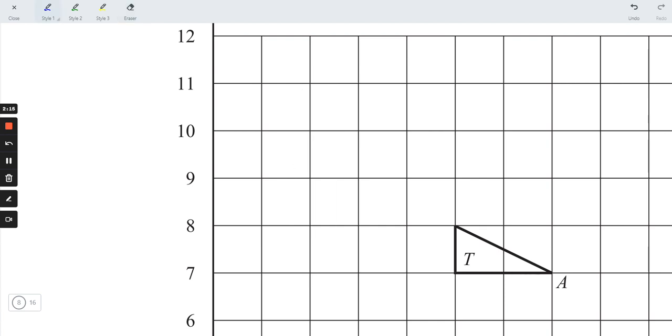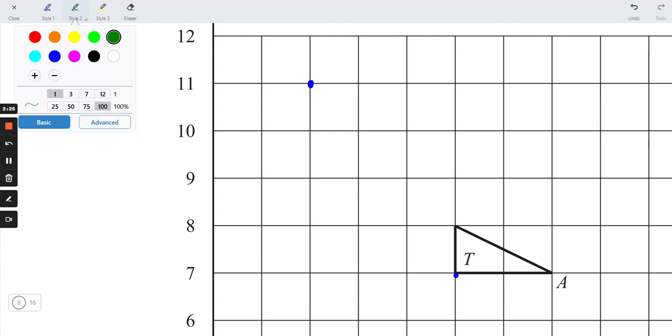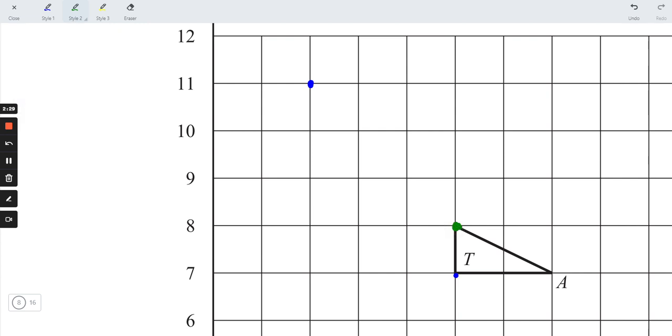Again, this vertex, the blue one, 1, 2, 3, 1, 2, 3, 4. It will be here. Now for another vertex here, 1, 2, 3, 1, 2, 3, 4. It will be here. Last one, 1, 2, 3, 4, 1, 2, 3. It will be here.